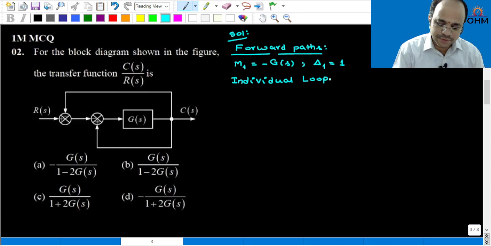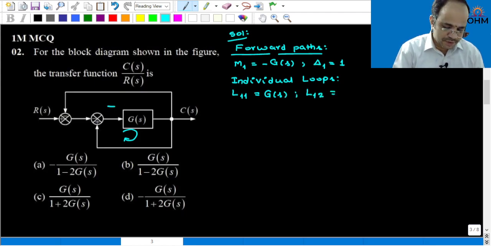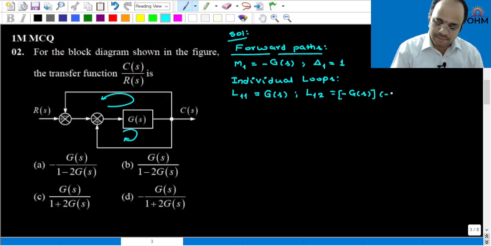Individual loop L11 is equal to, since this is one loop, G of S, and L12, the second individual loop, is minus G of S multiplied with minus 1. This will give you G of S.